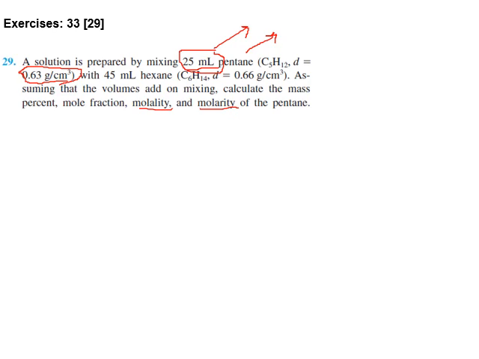Let's just draw a line across pentane's formula. It's C5H12. So the mass is 5 times 12 plus 12 times 1, which is going to be 72. You would divide how many grams you've worked out when you did this multiplication before, where you multiplied the 25 times the 0.63.